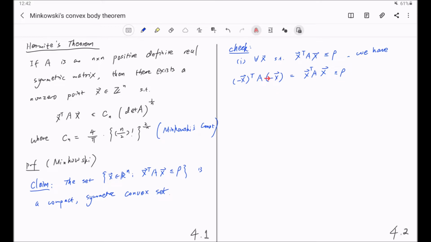So this shows that negative x is also in this set if x is. So this shows that this set is symmetric about the origin.